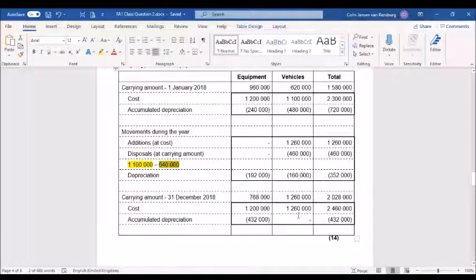So you'll have 1,260,000 as the opening balance on the cost. You'll have a dash or 0 as the opening balance on the accumulated depreciation. So it means your carrying amount at the beginning of the following year, 1st of January 2019, will be 1,260,000.